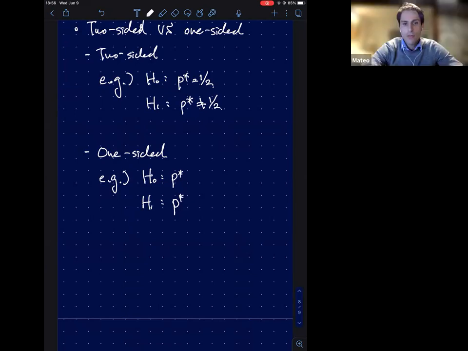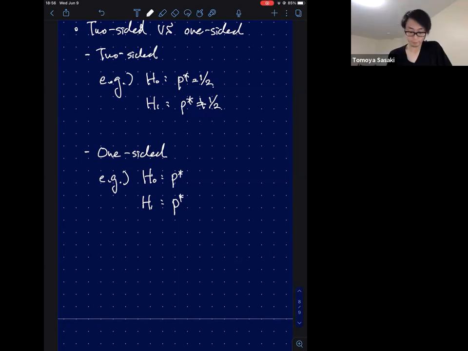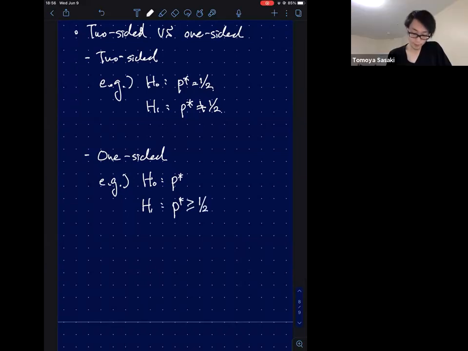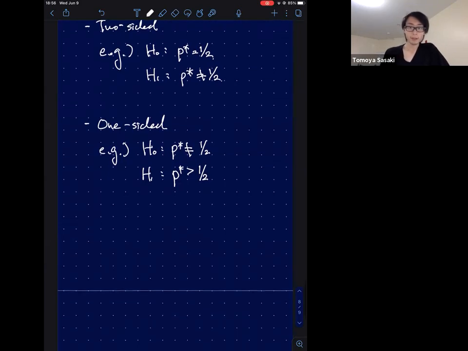Anyone? If you want to prove that the alternative is greater than 1/2, for example. Great. Yes. Maybe it's smaller, or you can still say not equal to. Yeah, it's greater. Yeah, let's do this. That's a great example.